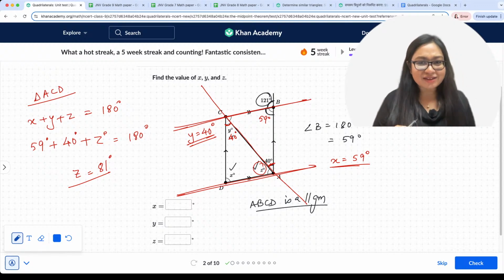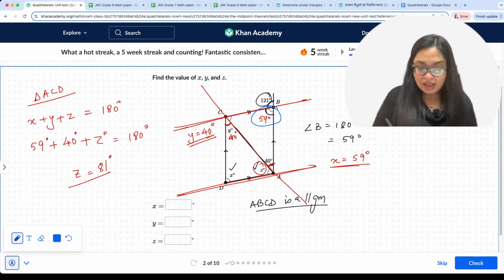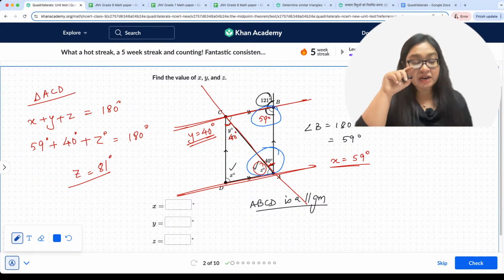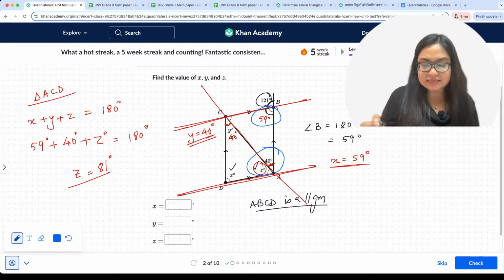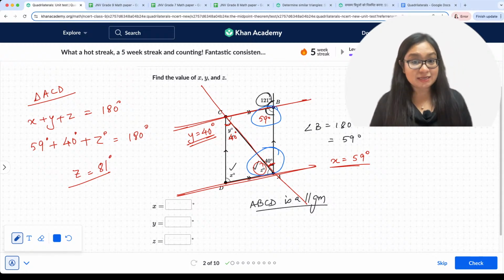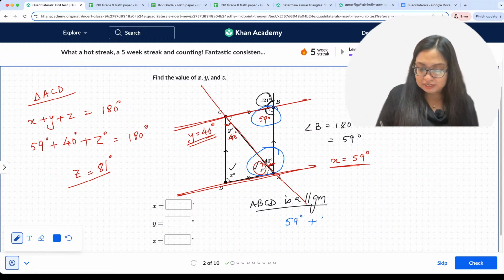I spotted the triangle, so I went there first, and you can spot this first and you can go there first, right? कैसे? 59 degrees angle B है, and this entire angle would be adjacent to angle B. So यहाँ पे हम क्या बोल सकते हैं, angle B plus angle A should be 180 degrees. So 59 degrees plus 40 degrees plus Z is equal to 180 degrees.